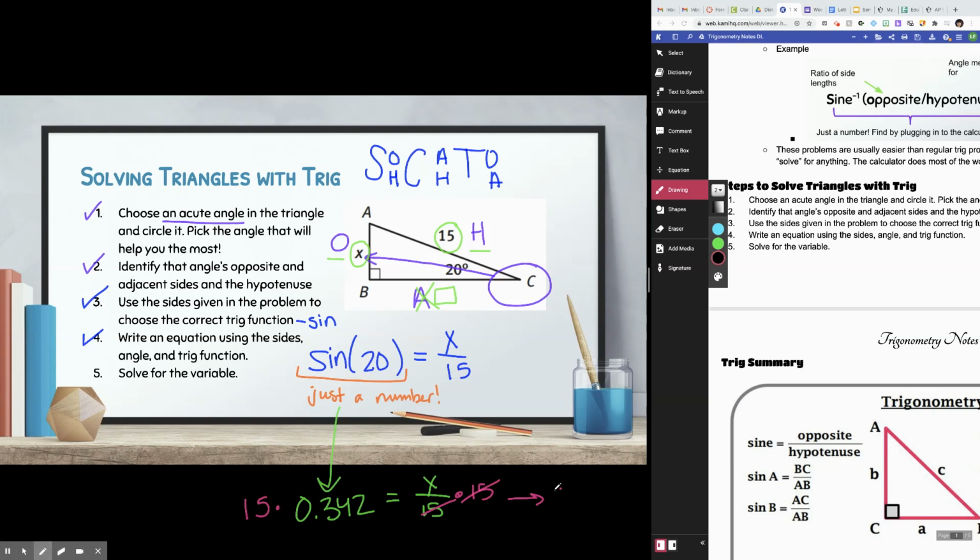So in my calculator, I'm going to do 15 times that decimal, and when I do, I got 5.13 if you round. So that is the length of that side.